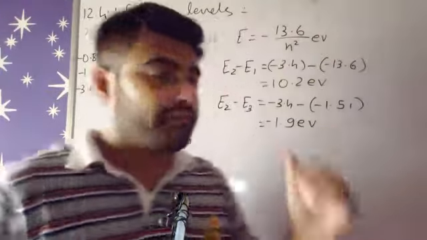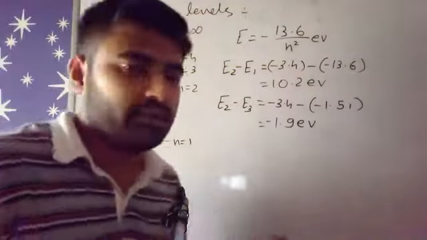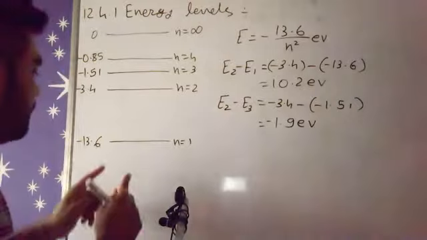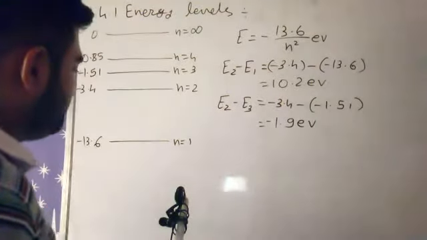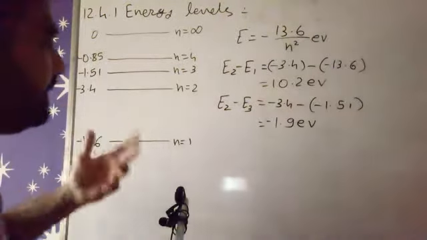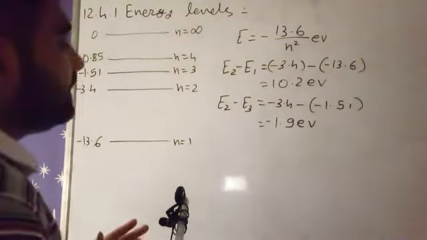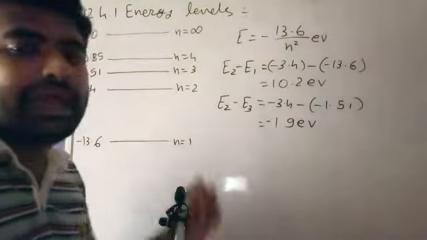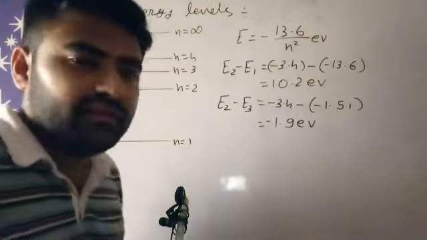But there is one important point: if we want to free the electron from this energy level, I have to give this much energy from outside. If I give 13.6 electron volt from outside, that electron will be free from all the energy levels.